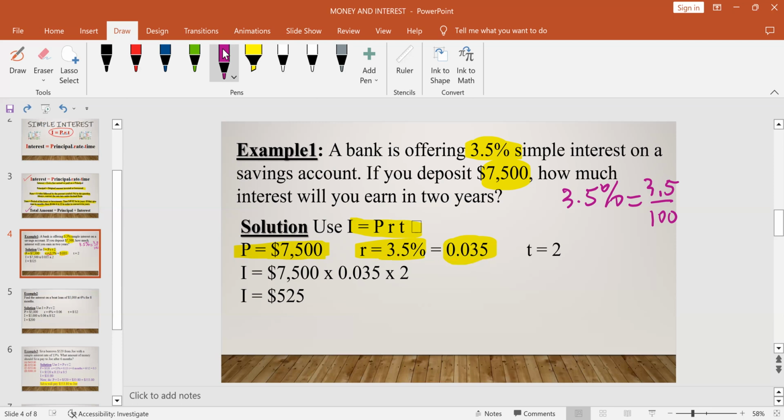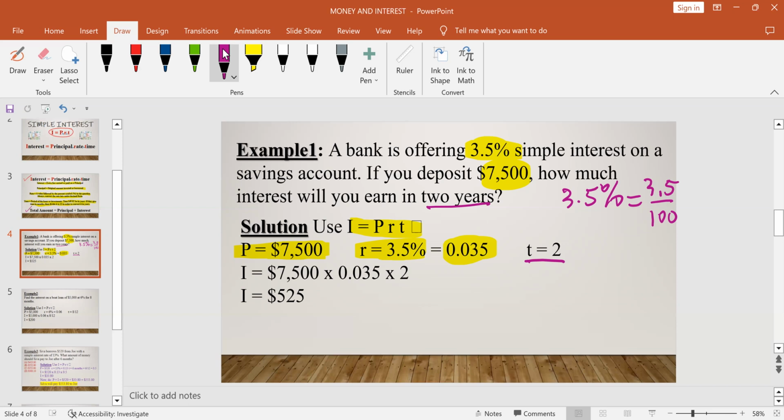Now we continue with the time, and they say 2 years. So T equals 2. We don't need to change the time here because it's already given in years. But in case you have it in months, you have to divide it by 12 to change it to years.